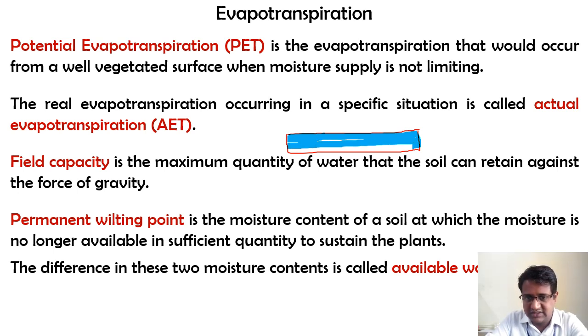So what the sentence is saying is that there is no limitation for the supply of water in the soil. Imagine this entire soil is now saturated with water, and I have some plants which have been planted on this particular ground.